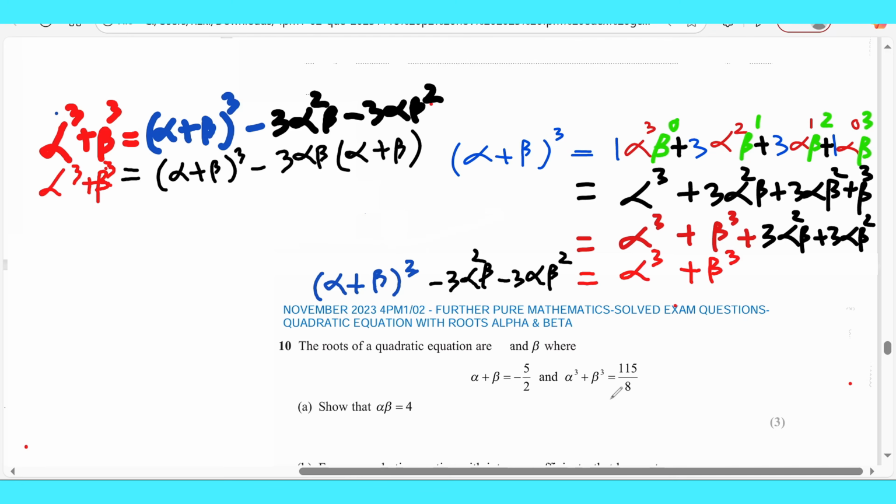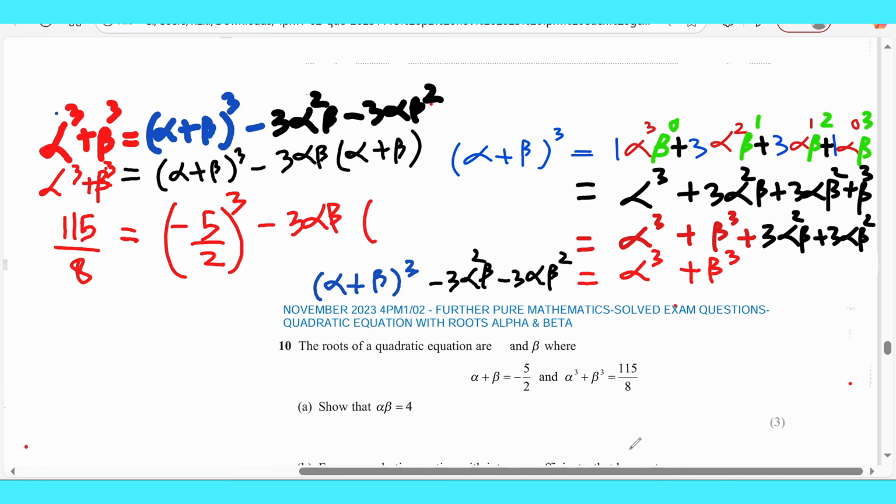So we plug in 115/8, and for this one we have alpha plus beta is -5/2 cubed, and minus 3 alpha beta, and then alpha plus beta again is -5/2. Now we rearrange the equation. So guys, we have 115/8 minus -125/8, since -5/2 cubed is -125/8, and minus times minus becomes positive, and 3 times 5 is 15/2 alpha beta.